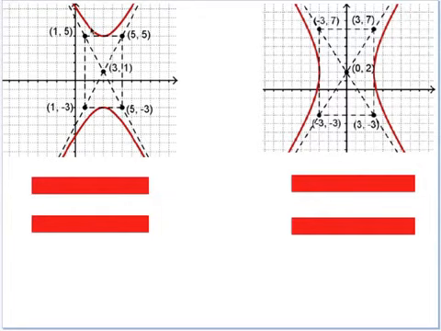And then this line here is the asymptote, okay? So it's an oblique or a diagonal asymptote. This hyperbola here is not going to go past this dotted line, and the hyperbola up here is not going to go past these diagonal lines at all, okay?